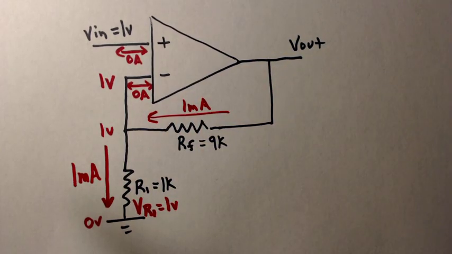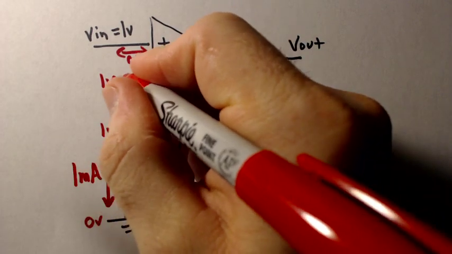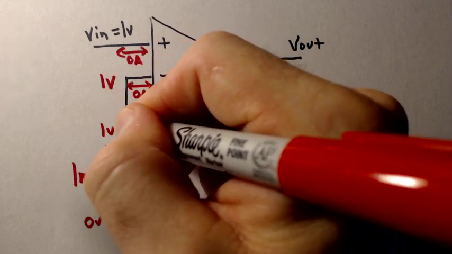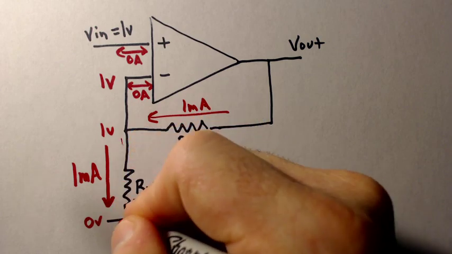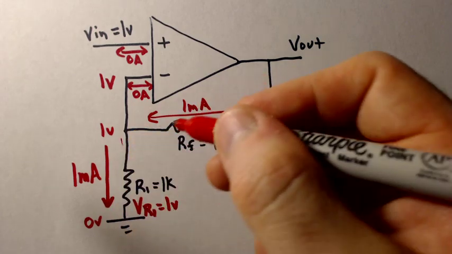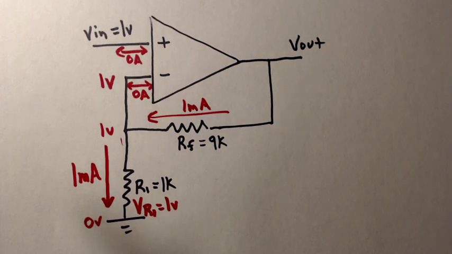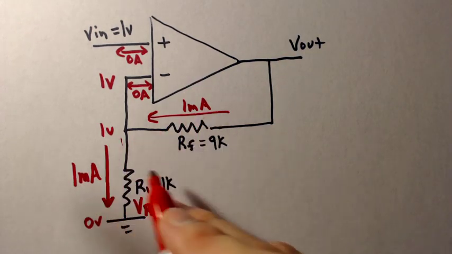Kirchhoff's current law is still applicable here. We have 0 amps flowing in or out of this wire, and we have 1 milliamp leaving. That means we must have 1 milliamp entering. So Kirchhoff's current law helped us out there.